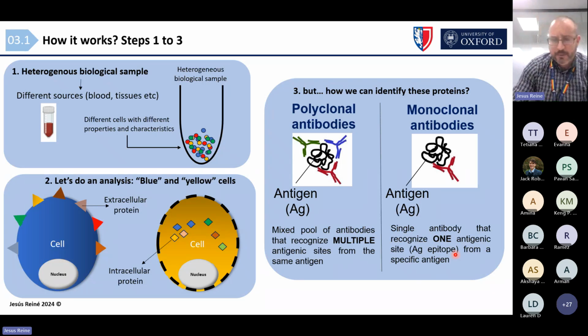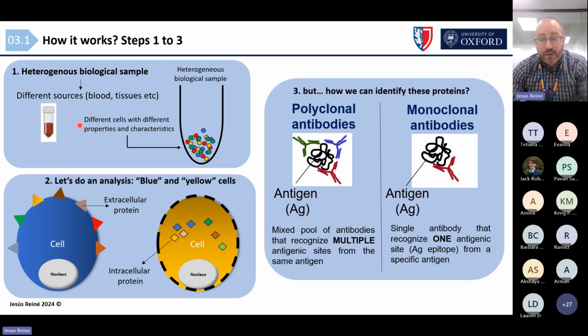It's very simple. Basically, the first thing we need is a heterogeneous biological sample. This sample can come from many sources. It can be from blood, tissues, or it can come from different fields like ecology, it can be water, many different kinds of samples. In this case, we're going to use blood, which is one of the most common samples.